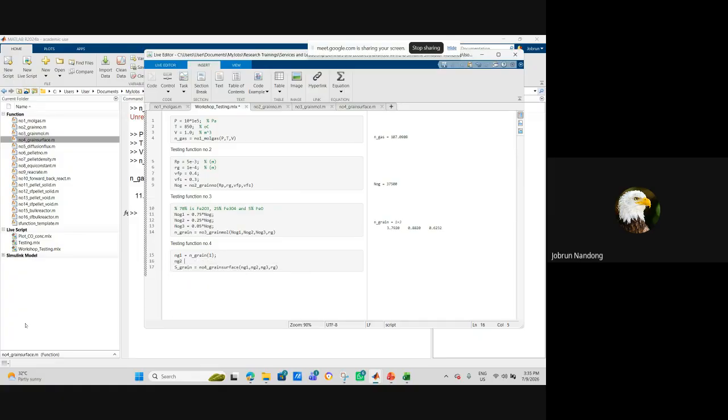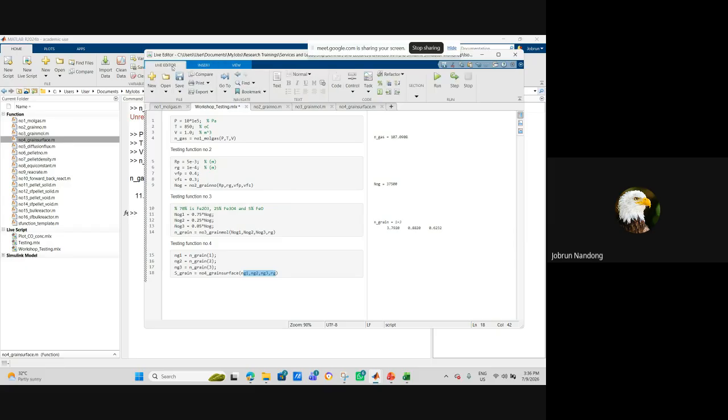NG2 equal to N green 2. Because this SG grain has 3 things here, right? You can see here, number 1, number 2, number 3. So number 1 is for the hematite, number 2 is for magnetite, number 3 is for the FeO. NG3 equal to N green number 3. Now we already have that thing there, so now we can run it.